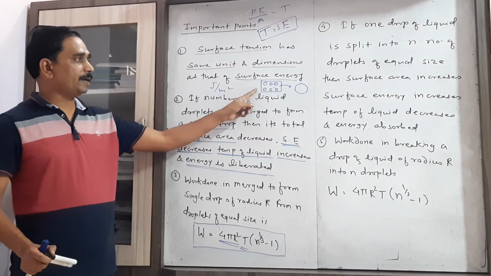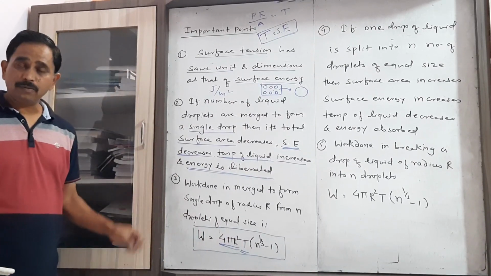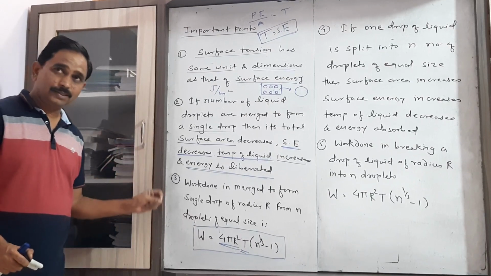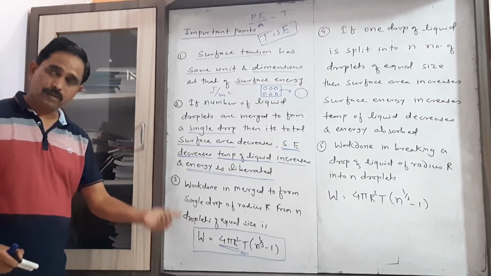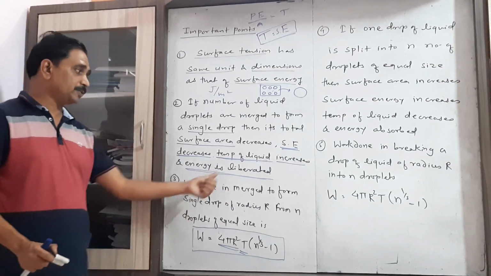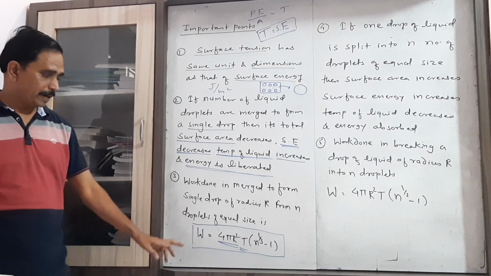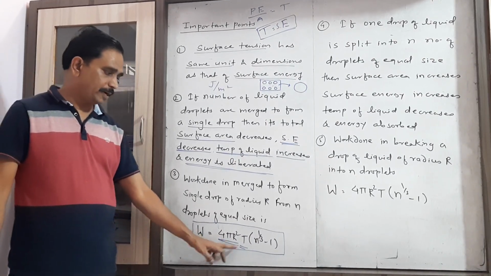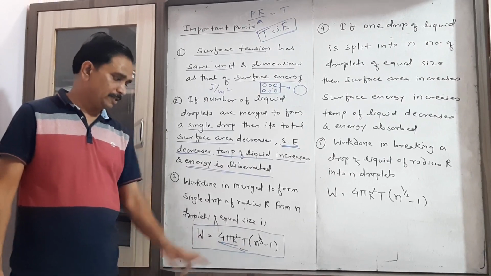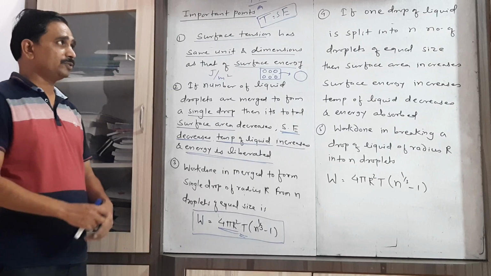Whatever the number of droplets given here, you have to put that value, and you can find out the work done or surface energy in this process. Whatever the energy released or absorbed in this process, energy is released, liberated. So that can be found out by considering the formula work done equals 4 pi r square into T, where T is the surface tension, in bracket n to the power 1 by 3 minus 1.